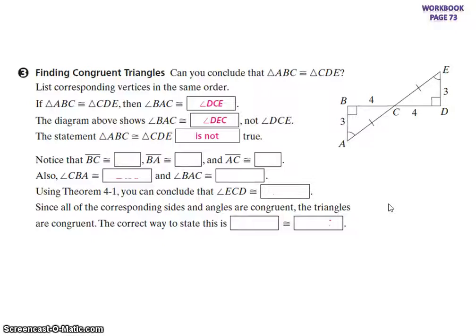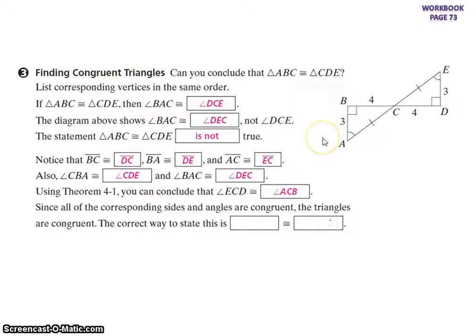Now, please notice something here, that side BC, and we already talked about this, is congruent to CD or DC, and BA is congruent to DE, AC is congruent to EC. We just talked about all this business here, so therefore angle CBA is congruent to CDE, and angle BAC is congruent to DEC, so therefore using Theorem 4.1 we can conclude that angle ECD is congruent to ACB.